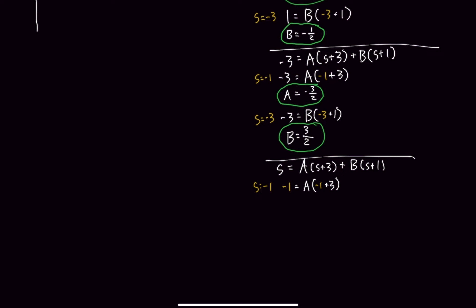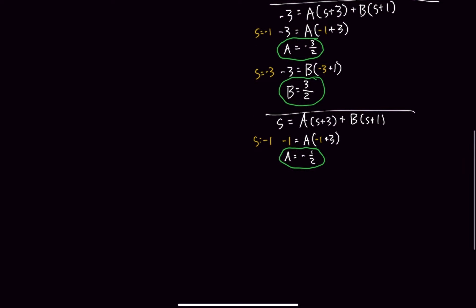Negative 1 plus 3 is 2. So this gives us A is equal to negative 1/2. That's our fourth A. Now let's make s equal negative 3, which gives us negative 3 is equal to B, the A side's going to go to 0, times negative 3 plus 1.